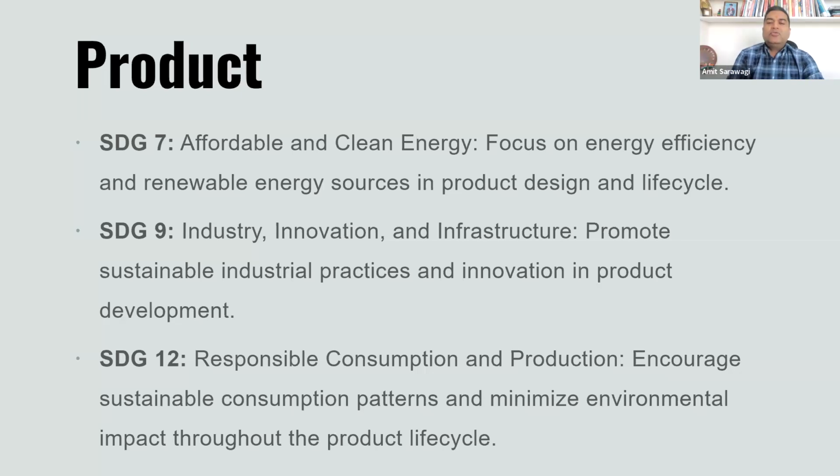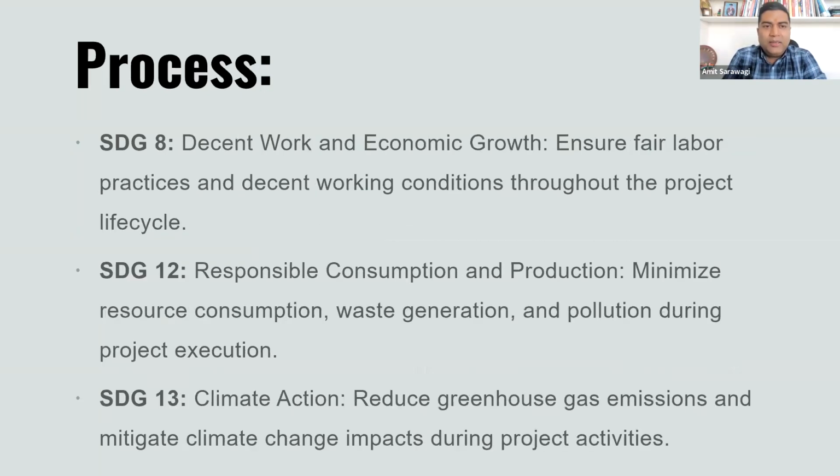That means reduce wastage, use the product or resources responsibly, so responsible consumption, and accordingly produce responsibly without wasting the resources. So product is mapped to SDG number 7, 9, and 12.